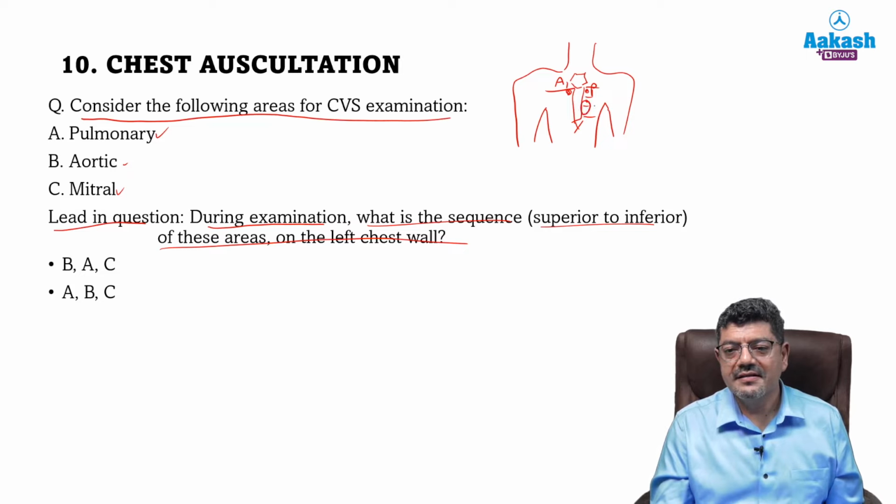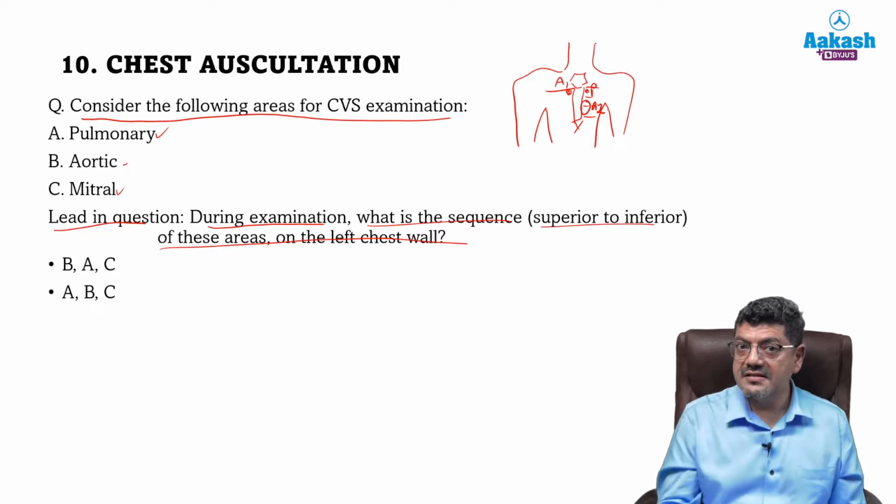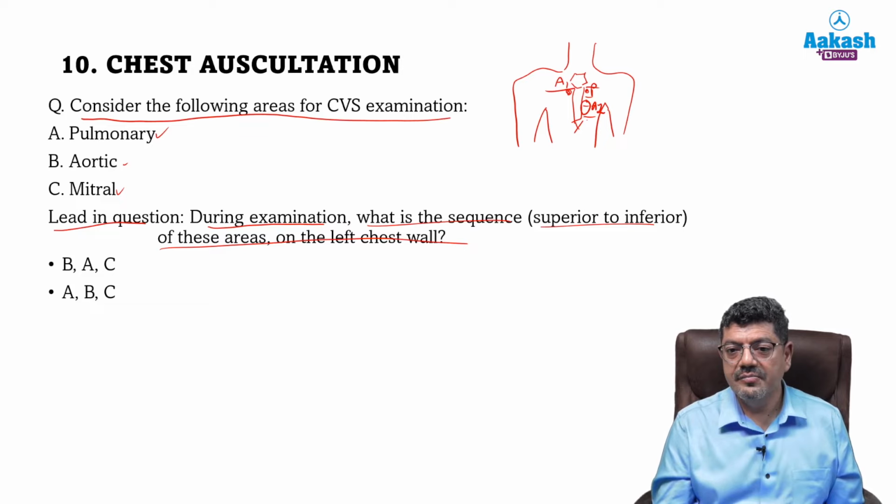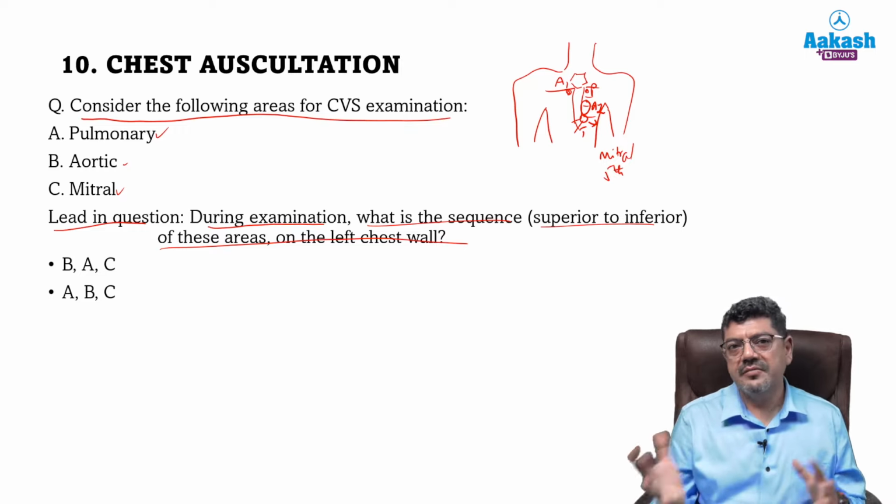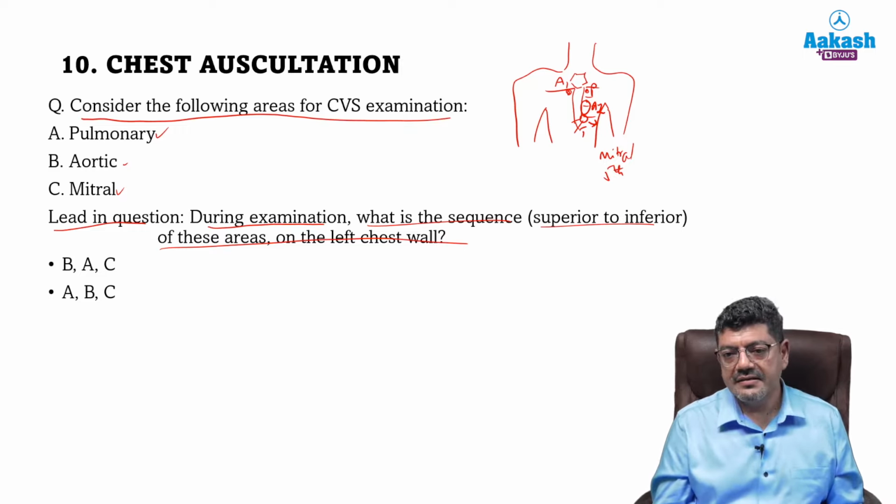This here is the A2 area, the second aortic area where you hear the murmur of AR. We just discussed that. And then beneath that, the left fourth intercostal space is the tricuspid area. And then the mitral area is in the fifth intercostal space, 1.25 centimeter medial to the mid-axillary line, right?